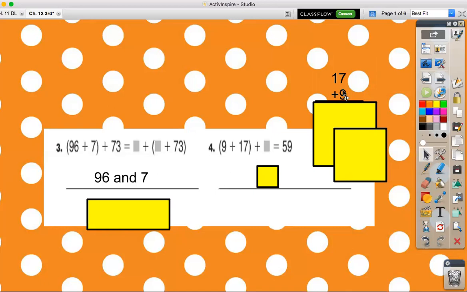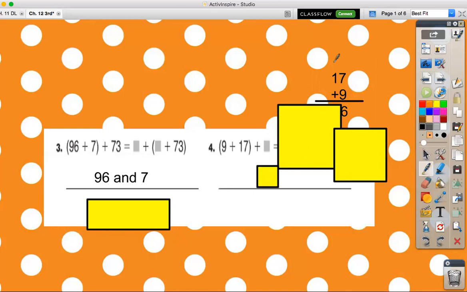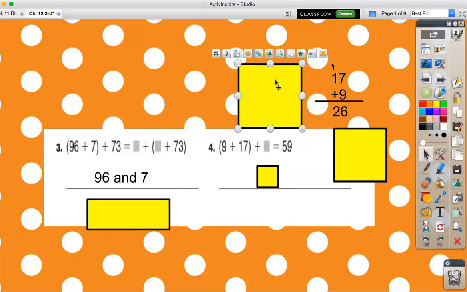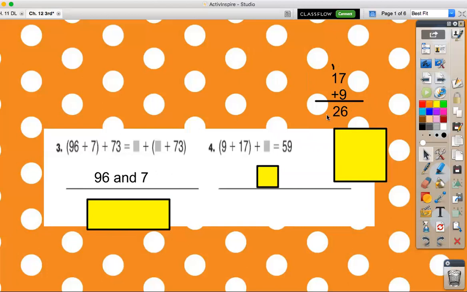So 7 plus 9 is what? 16. Good. And we're going to regroup our 1. Let's go up here and regroup the 1. So if we have a 1 and a 1 up here, 1 plus 1 is what? 2. Good job. So our answer is 26 for right now, for 9 plus 17.